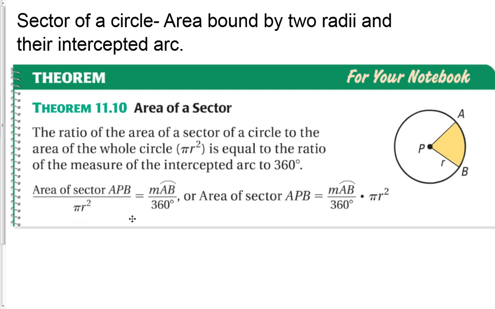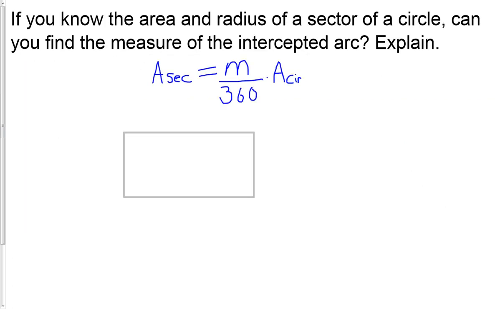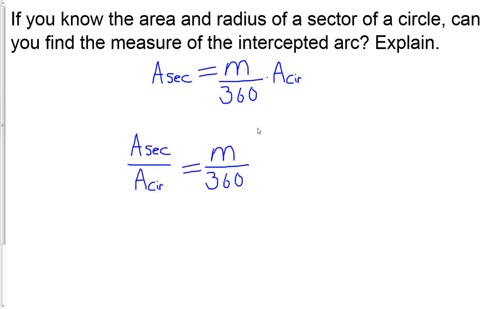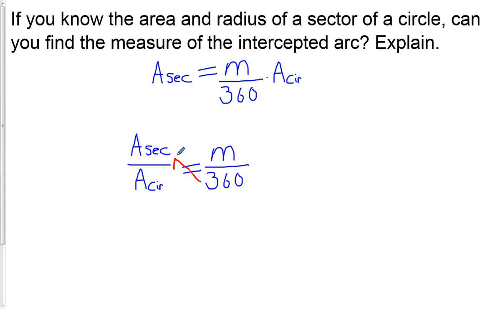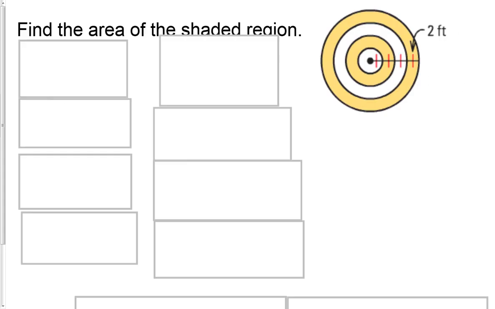So area of a sector equals measure of the angle over 360 times area of a circle. Well, solving for M, we've got this, and then you would multiply by 360 this way. You get 360 times this. So I kind of ruin it with the arrow there. But you could multiply that 360 over to complete how you would solve for it.